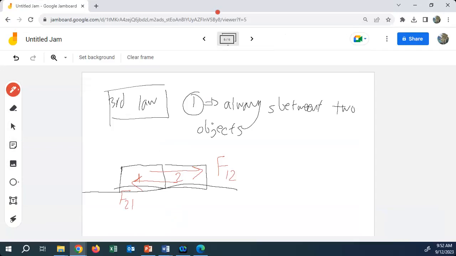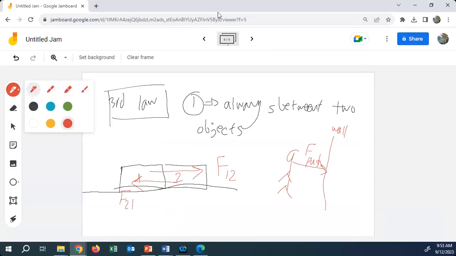Okay? Example. Let's say there is a wall here and there is a person. This is a wall. And this person is exerting a push force. How many objects of interest do we have? What are those two objects of interest? Person and wall.